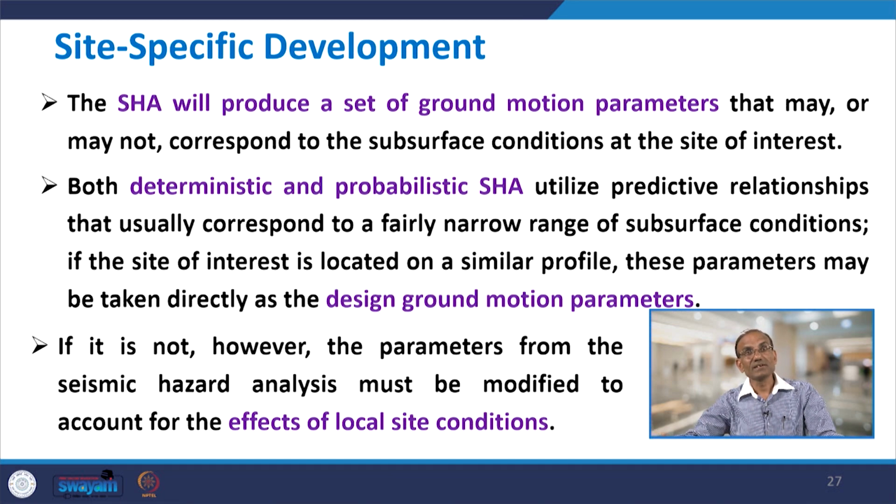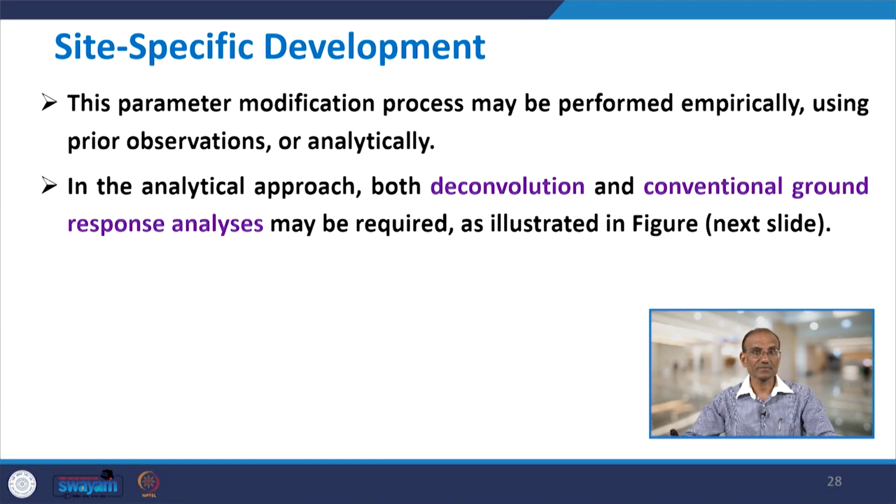So, if both sites have similar characteristics, in that case the parameters may be taken directly as the design ground motion parameters. If not, seismic hazard analysis must be modified to account for the effect of local site conditions, and how we can modify this design ground motion accounting for the effects of local site condition, we are going to discuss in the next slides.